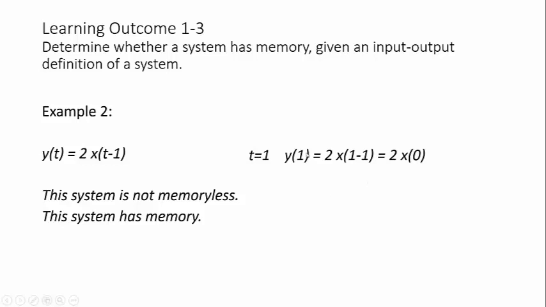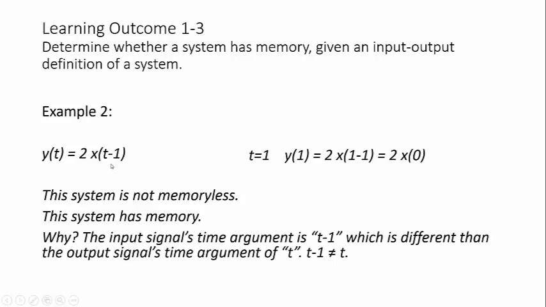Because this time does not match this time, we know it has memory. You can use this as an example to use as your reasoning, showing your work. Or you can say that t is not equal to t minus 1.